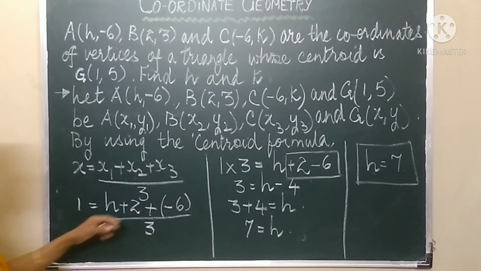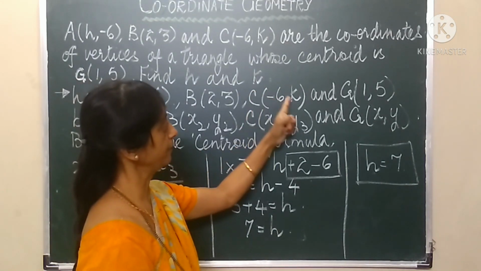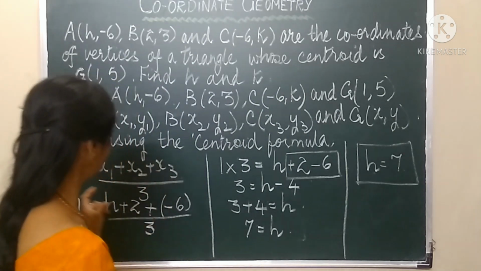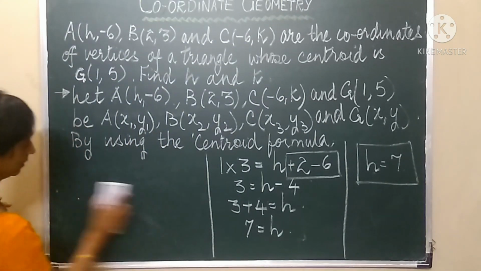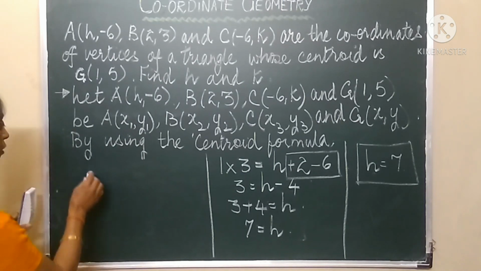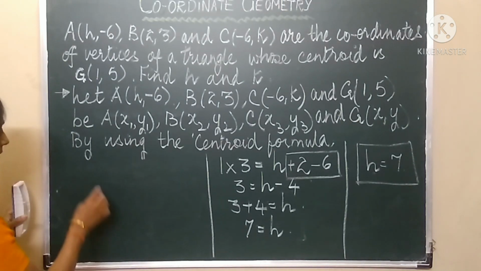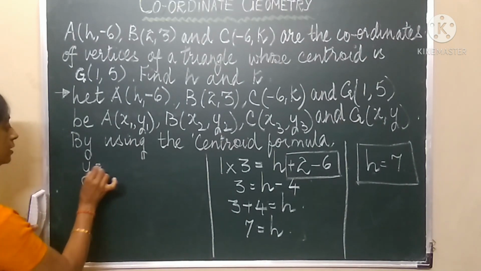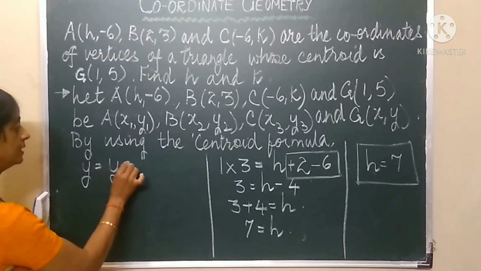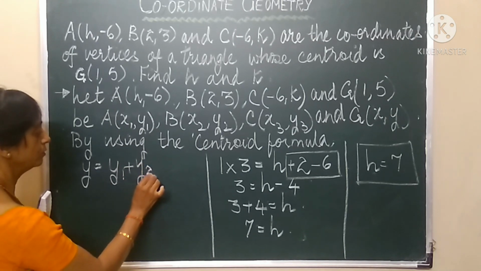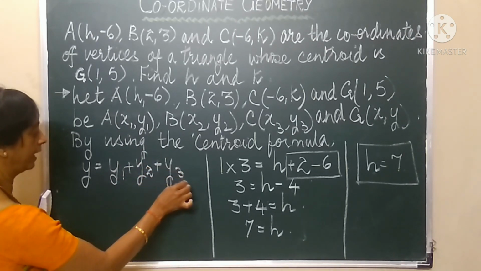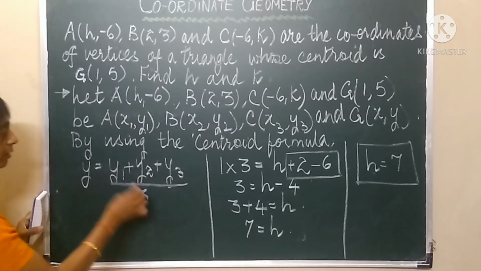Now, to calculate the value of k, which is the y coordinate of point C, we'll have to use the centroid formula, but in comparison to the y coordinate: y is equal to y1 plus y2 plus y3 upon 3.